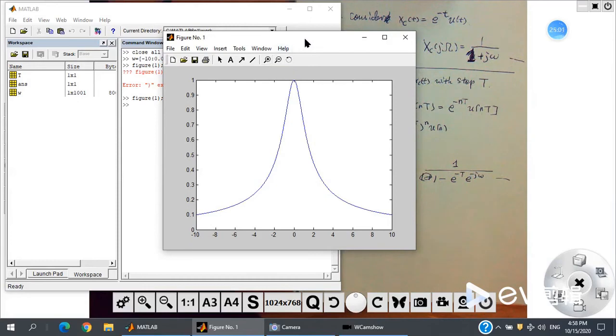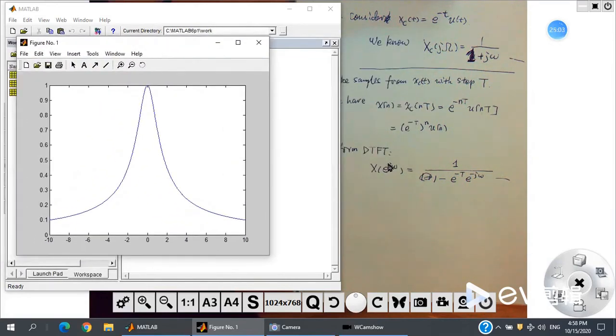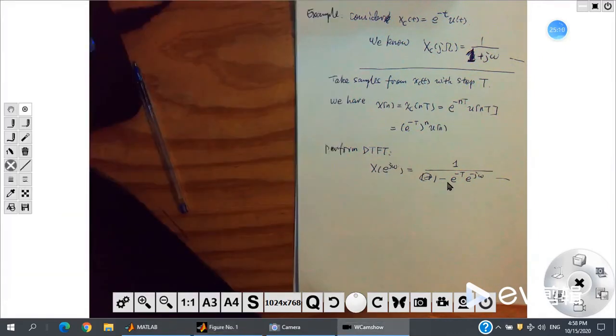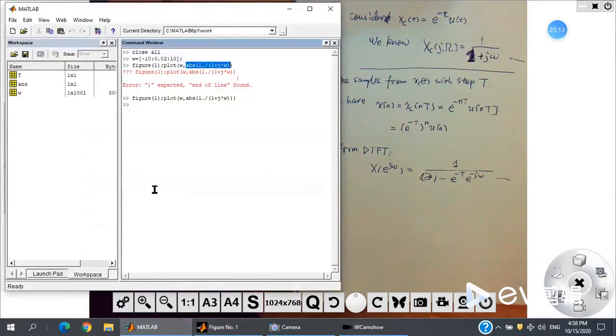And then we check the second function, second Fourier transform. This is for the DTFT of the sample signal, right? For this one, figure 2, the second figure. I want to plot omega, still omega. This is 1 over, not 1 plus, now it's 1 minus e to the negative T. I need to choose a T, a sample step.